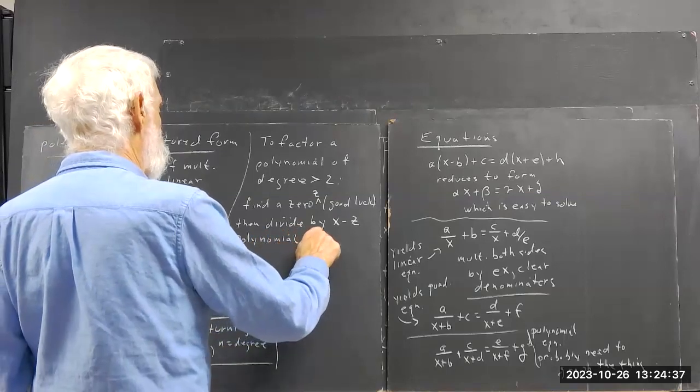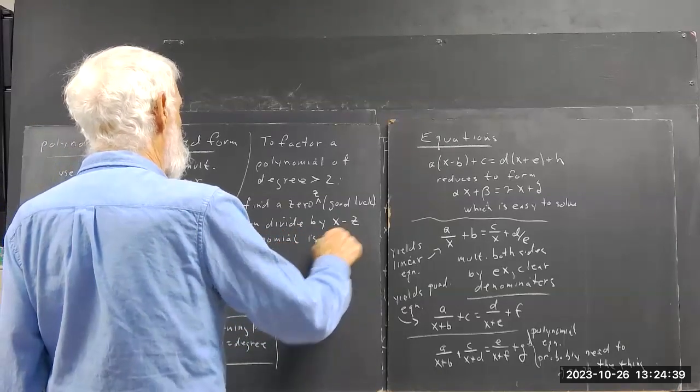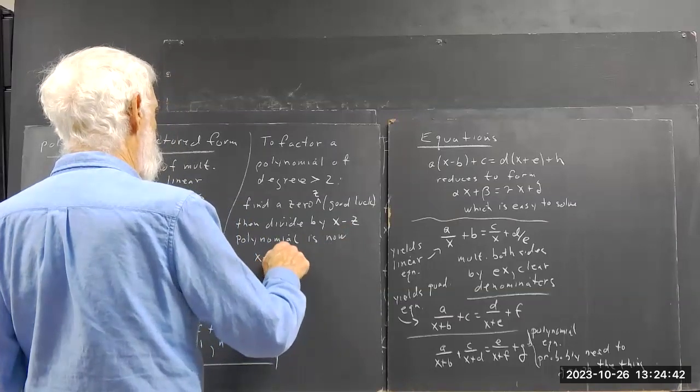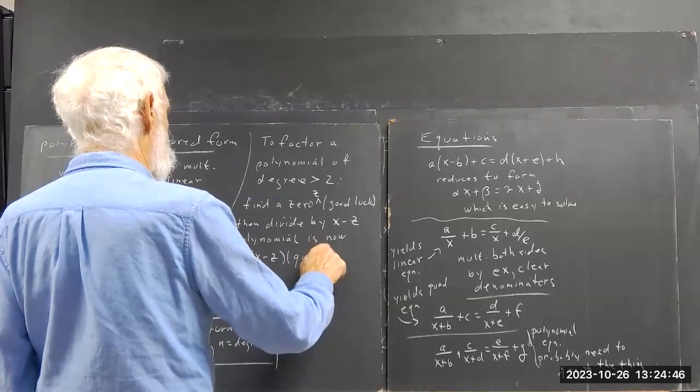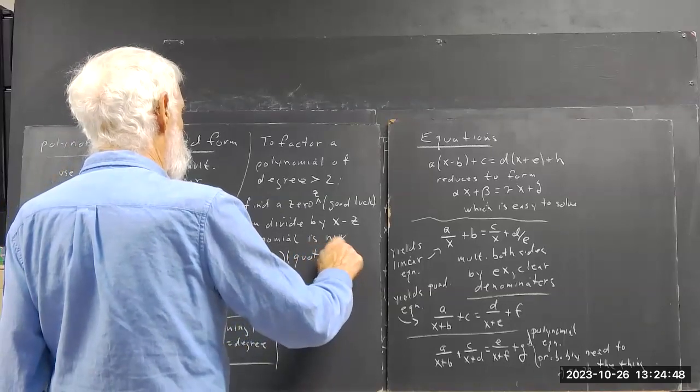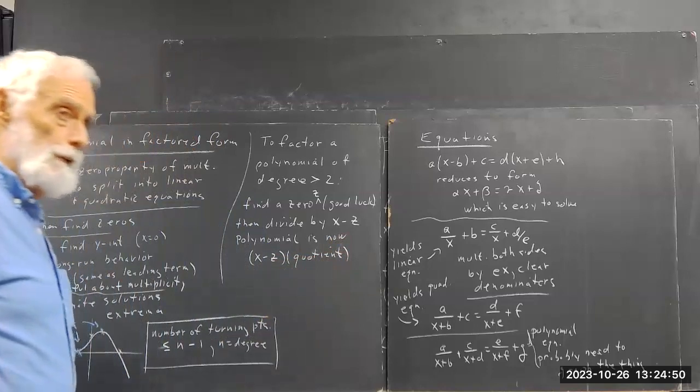Now, you have x minus z multiplied by the quotient.